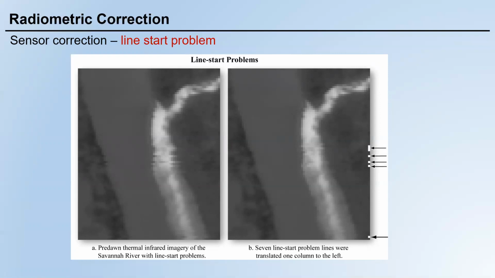So what do you do? You simply find those lines and move all these lines to the left by 1 pixel.